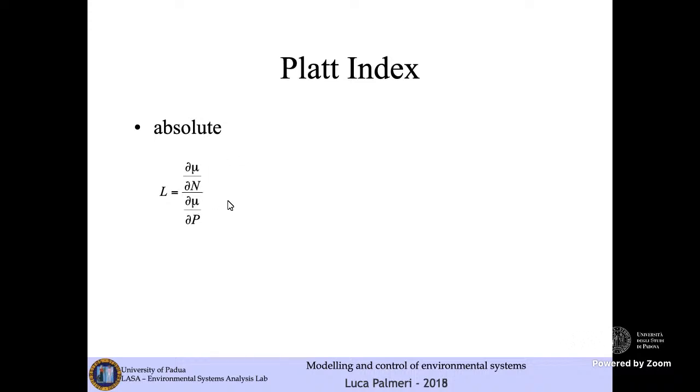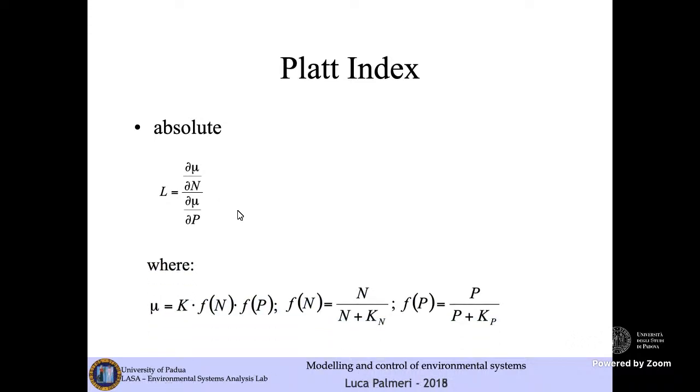So here we are evaluating which of the two nutrients, nitrogen and phosphorus, is more affecting the growth rate parameter. Please remember that the growth rate parameter is given by a constant, typically mu max at the reference temperature, and this constant is multiplied by the synergic effect of different limiting functions. In this case, a limiting function for nitrogen and a limiting function for phosphorus.